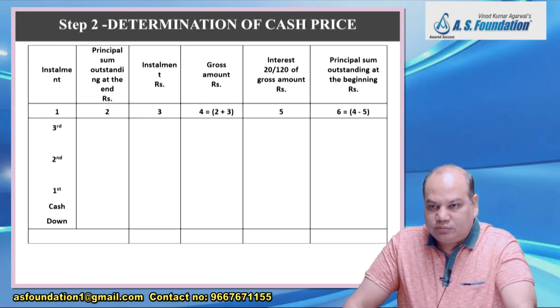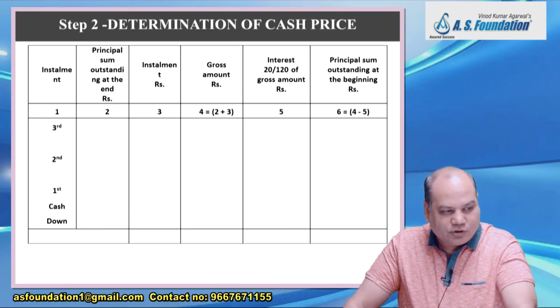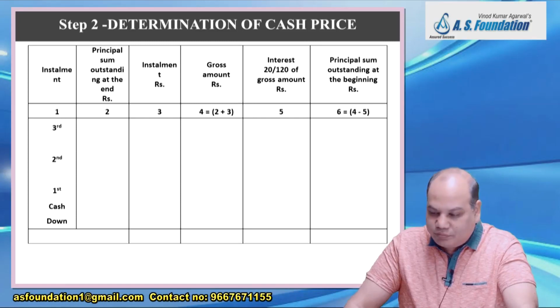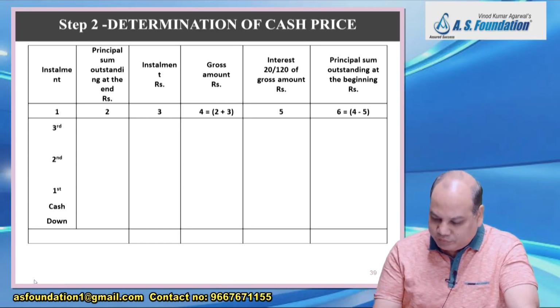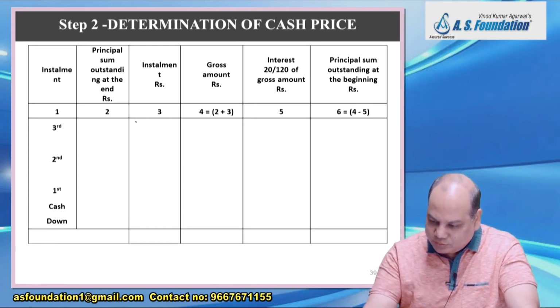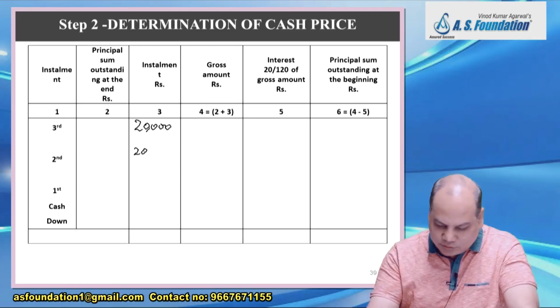Now we'll write how many installments are there? 3. Third installment, second installment, first installment, and then cash down. The installments are also given to you, so you can write those also. What are the installments given to you? 20,000, 20,000, 20,000 and 10,000.